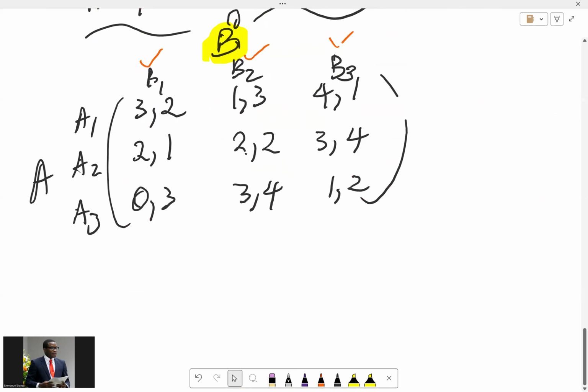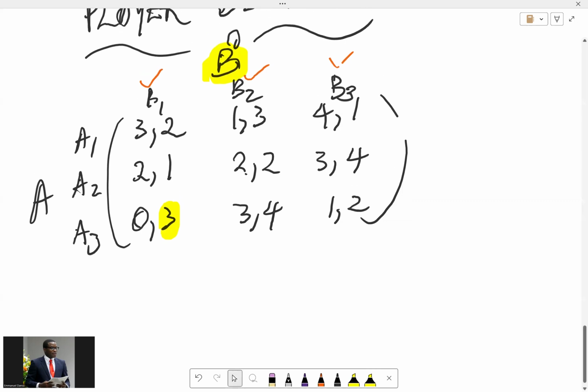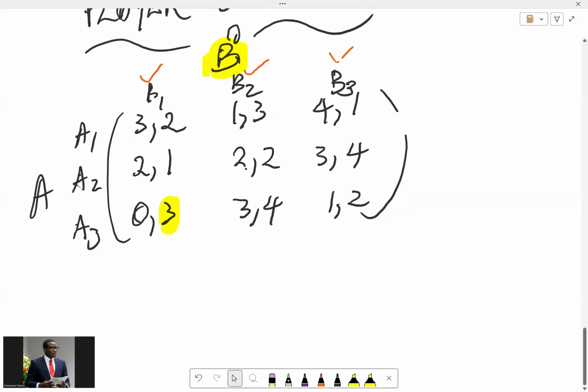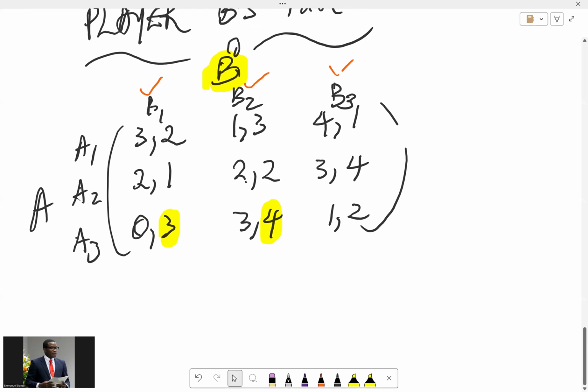So the best payoff for B1 for player B is 3 here. So 3 is bigger than 2 is bigger than 1. So 3 for B1. If you go to B2, the best payoff is 4. And then if we go to strategy B3, the best payoff anywhere is actually 4, corresponding to A2.